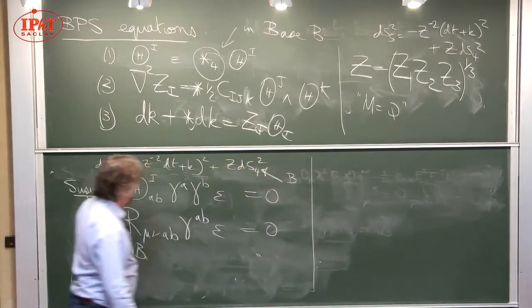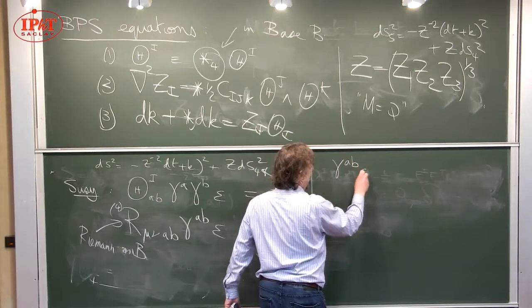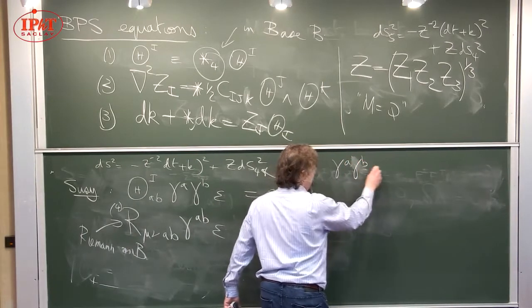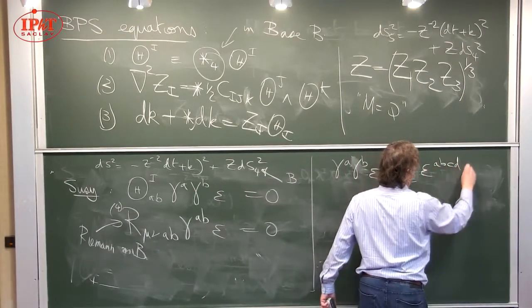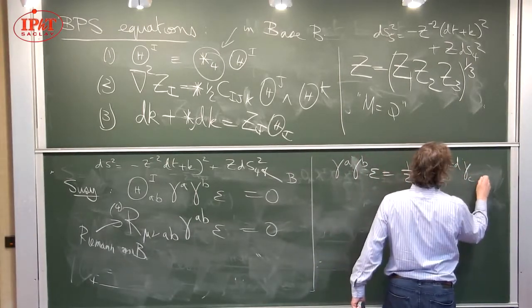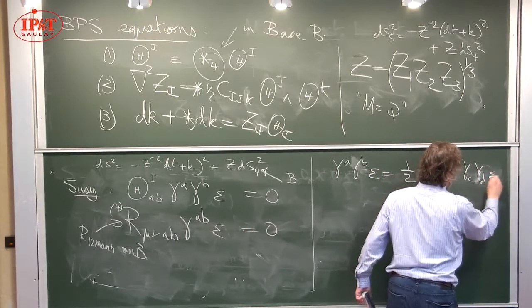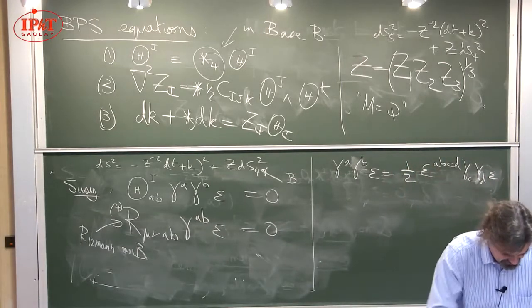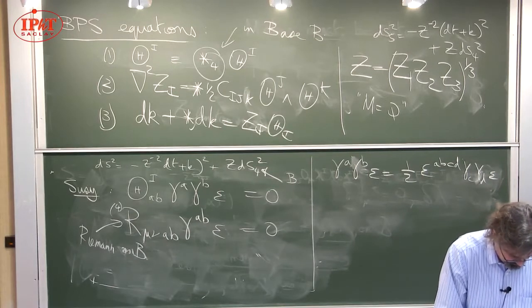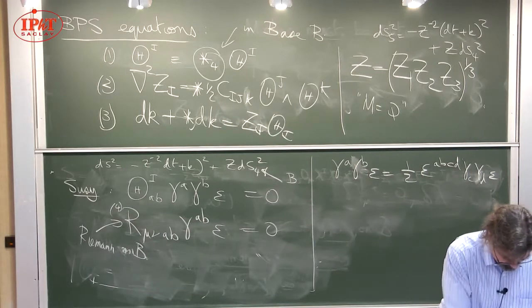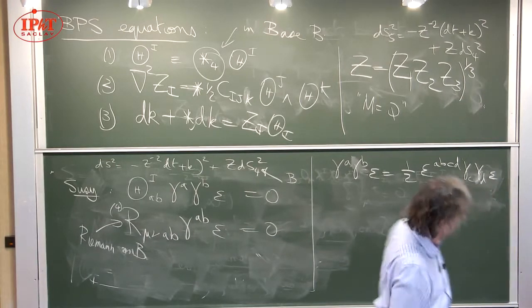Suppose I had gamma_A gamma_B on epsilon equal to 1/2 epsilon_ABCD, where this is the epsilon symbol on the base, gamma_C gamma_D on epsilon, and I'm going to get a sign wrong unless I check my notes. Yes, that's the right one with the minus sign.